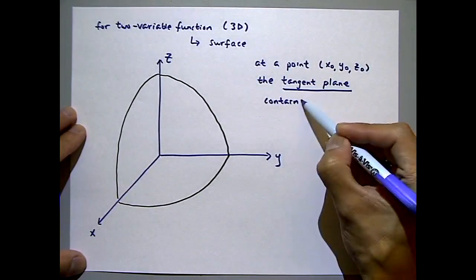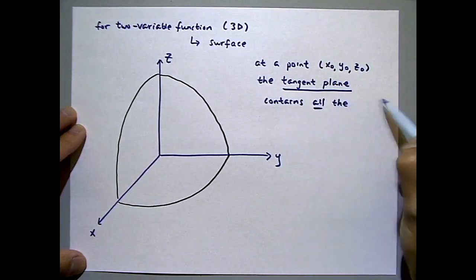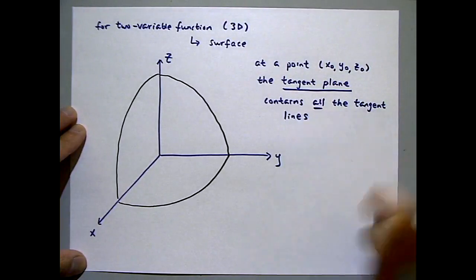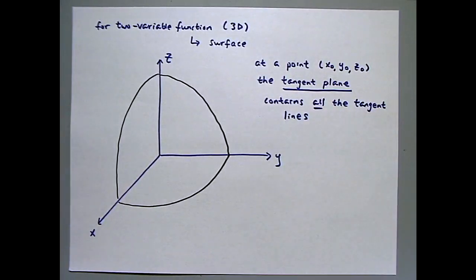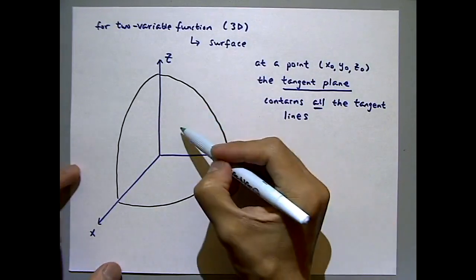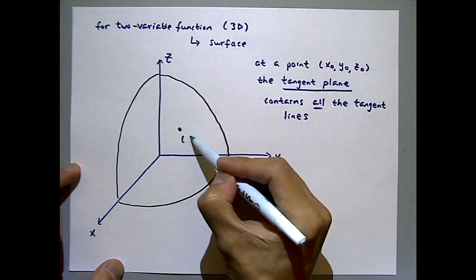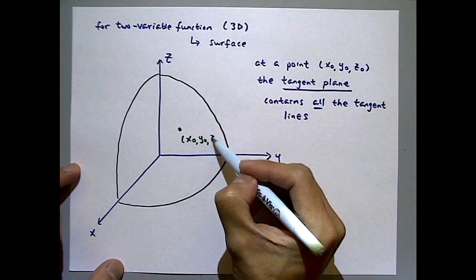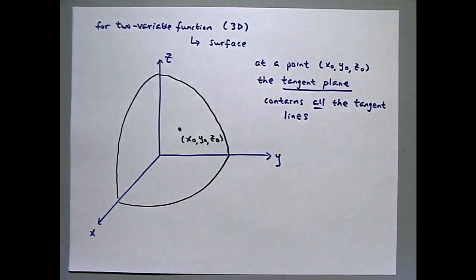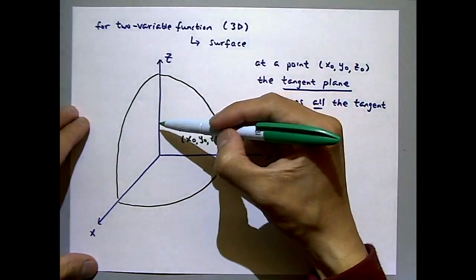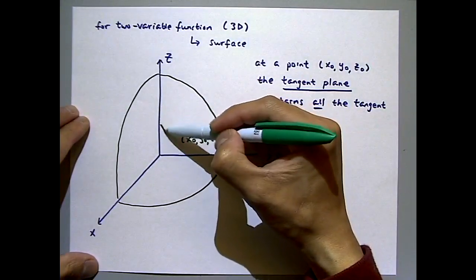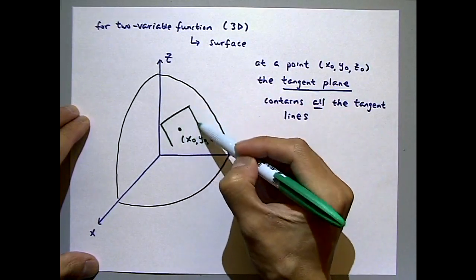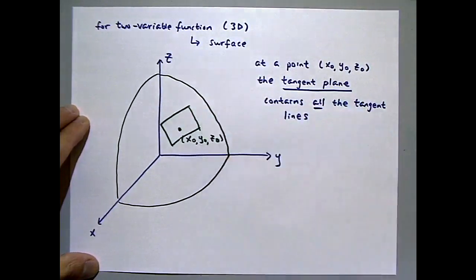The tangent plane contains all the tangent lines. All right, so let's say the point we're dealing with is right here. And nearby there, we can form a tangent plane, this green plane right here. Okay, so that's my tangent plane.